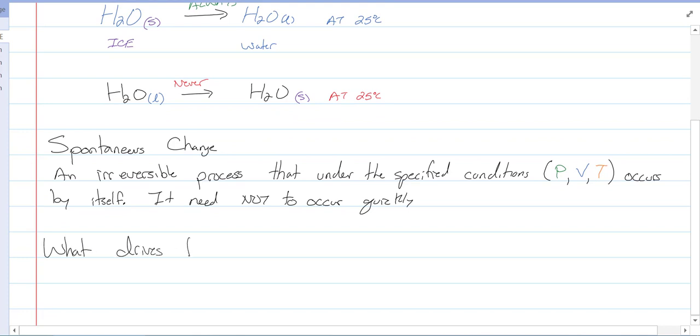And the question is, what drives this process? And the answer is entropy. S is the symbol, and basically what entropy is, is disorder.